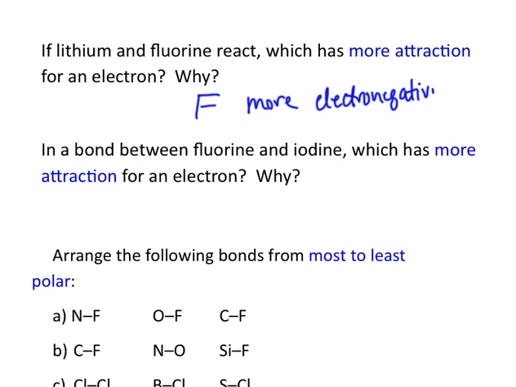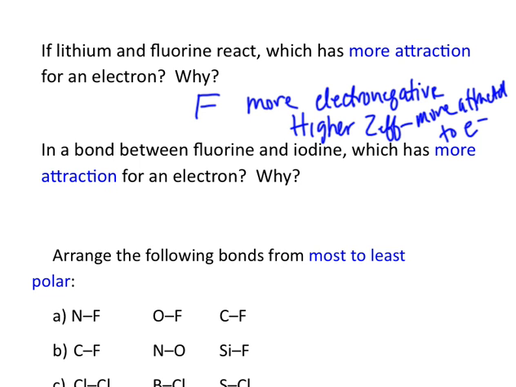Do we remember why it's more electronegative? We just had a test on it. Why is fluorine more electronegative than lithium? Yep, a higher effective nuclear charge. So it's more attracted to electrons.